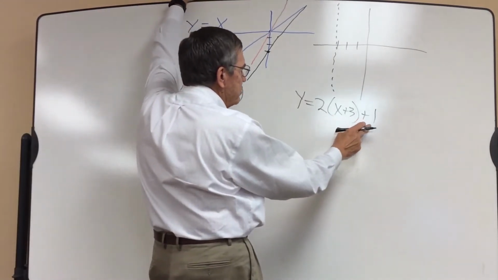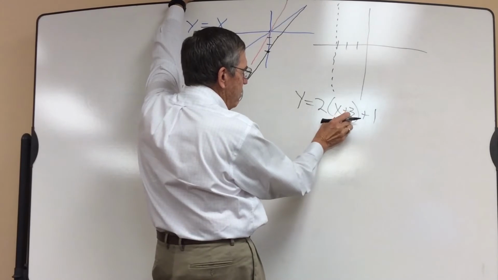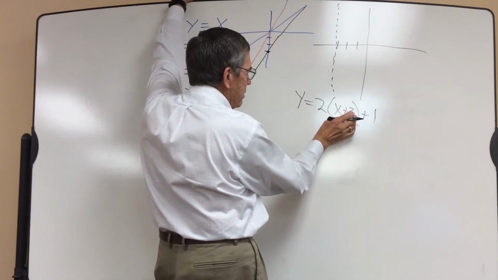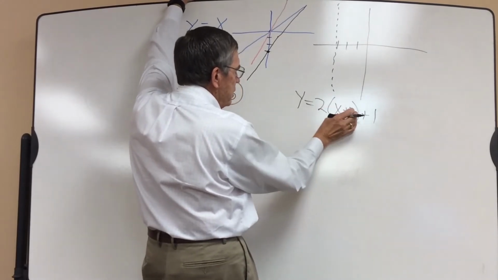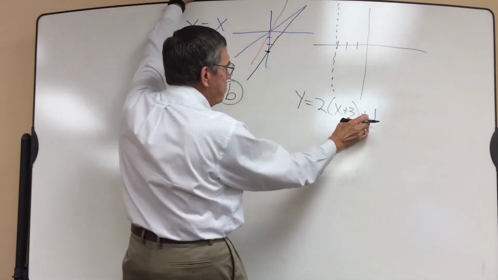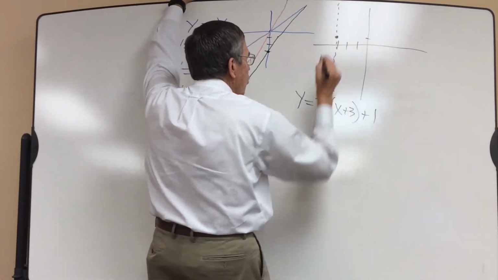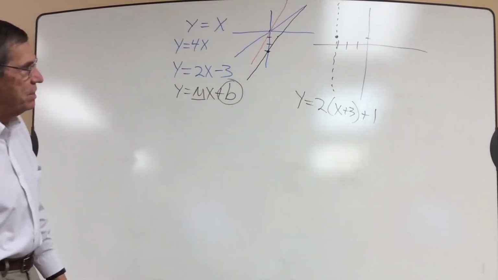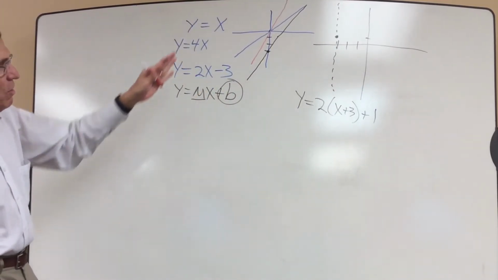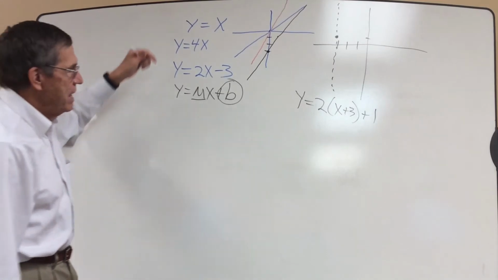And it's going to go through here when this is equal to minus 3. This will be 0. It's going to go through at plus 1. So let's go up plus 1. So that's going to be where it passes my dotted y-axis.